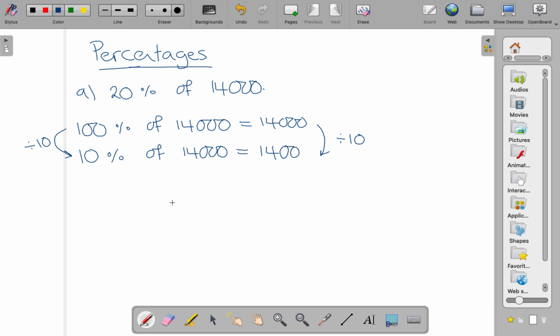And then if we're looking for 20%, we need to recognise that 20% is whatever 10% is times by 2, because to get from 10% to 20%, we just times by 2. So 20% of 14,000 is whatever 10% is times by 2, which is 2,800.